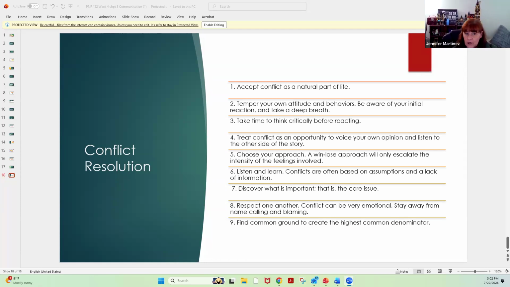Or maybe you have a CNA that you asked to go make the bed in room 9 and you get mad because the bed didn't get made and now we have a new admission coming in, and you go find that CNA and you start fussing at the CNA because they didn't make the bed.